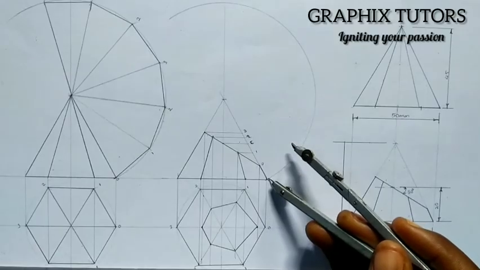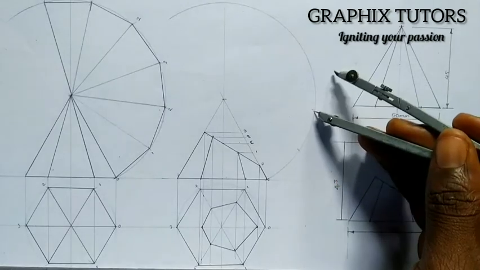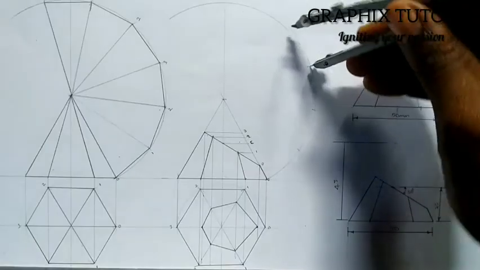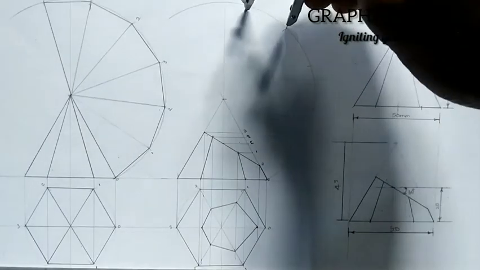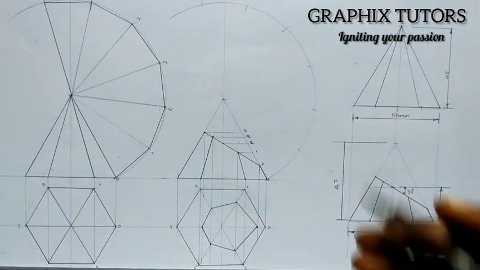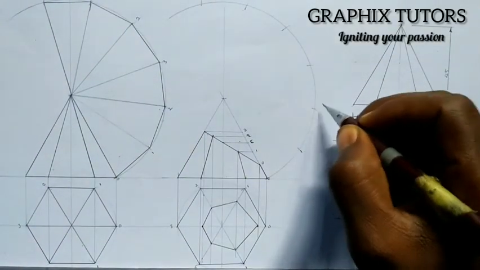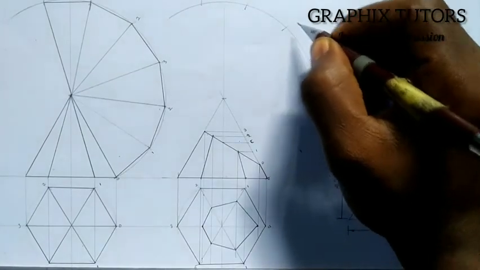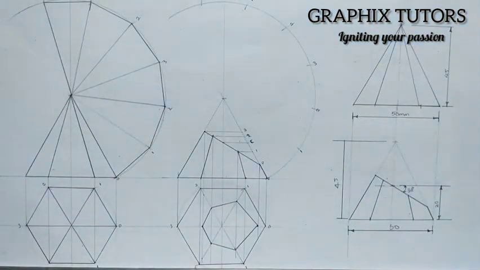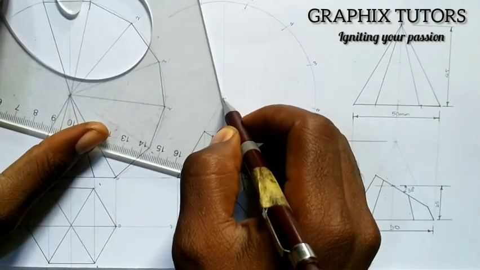you place it here and you cut 1, 2, 3, 2, 1 and 0. So we start. This will be 0, 1, 2, 3, 2, 1, 0, and you draw your line to touch all those points like that.